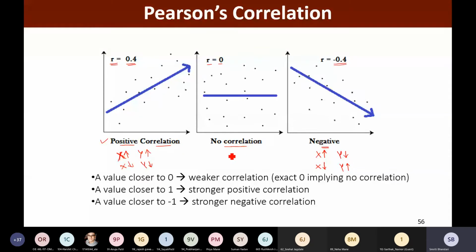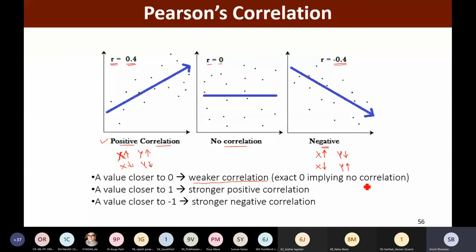And if I have no relationship between two variables, if my Pearson correlation coefficient is evaluated as 0, this indicates that there is no correlation at all between these two variables. So these variables are not related with one another. If the value of R is closer to 0, then we say that it is weaker correlation.